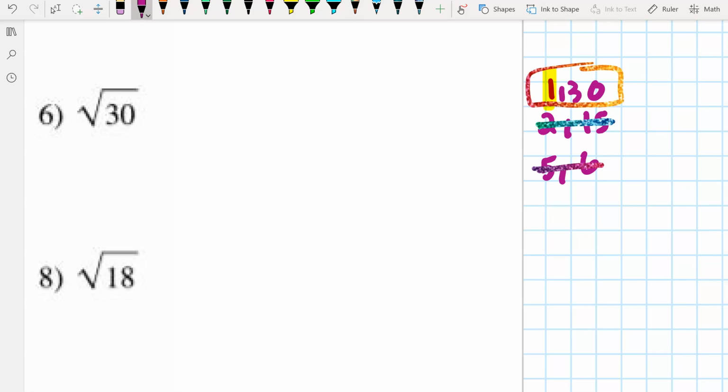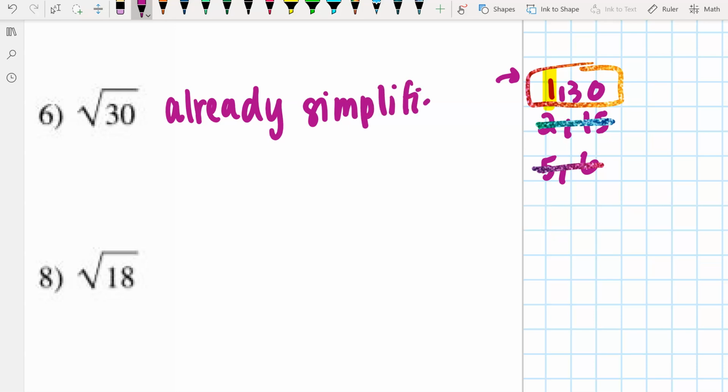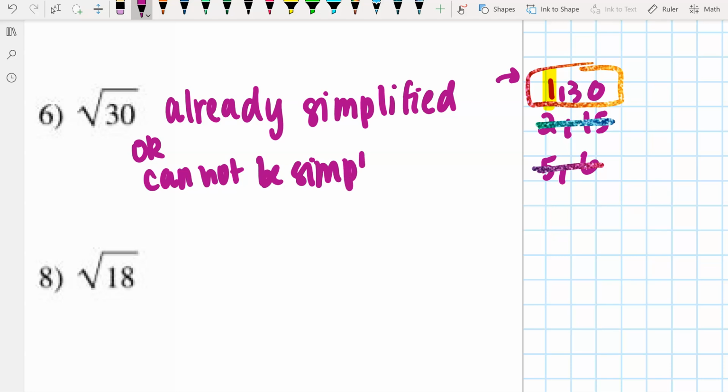So if you're finding yourself in a situation where you're left with the number times 1, and that's the greatest perfect square you have, that means that this cannot be simplified any further. So you could write already simplified, or cannot be simplified further.